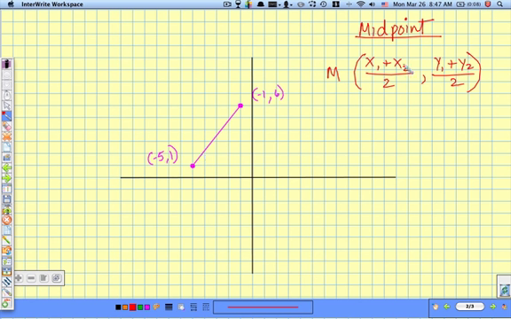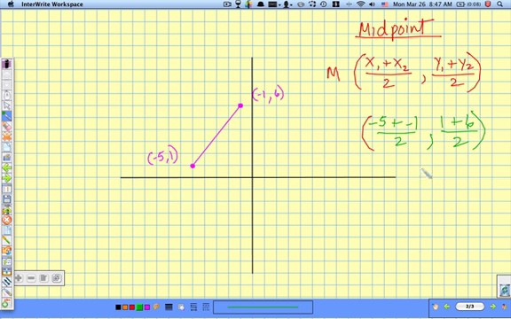Okay, so let's do it for this problem right here. Let's average the two x values. So let's use a different color here. So x1, the first x, we'll say is -5, plus the second x is -1, all divided by 2, comma. First y value 1 plus second y value is 6, all divided by 2.